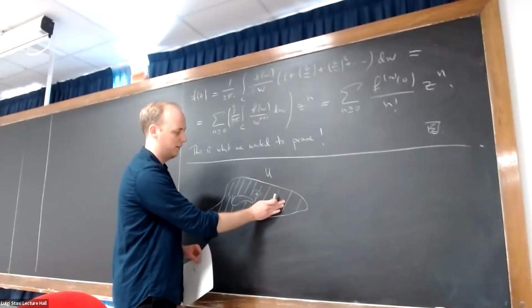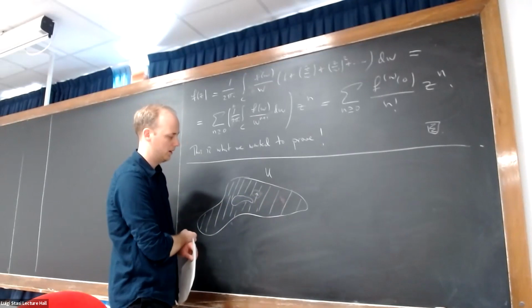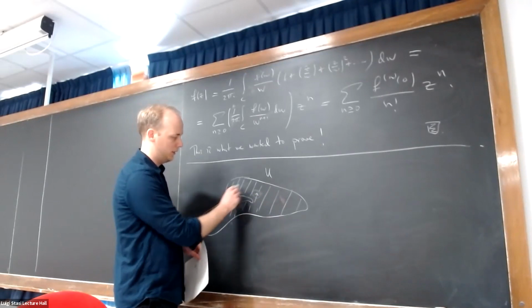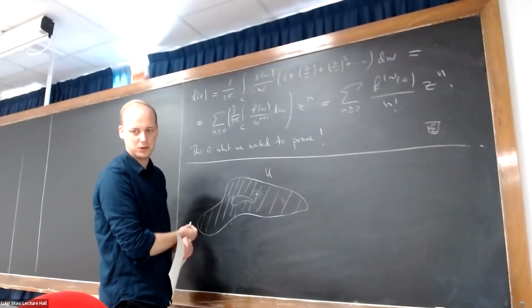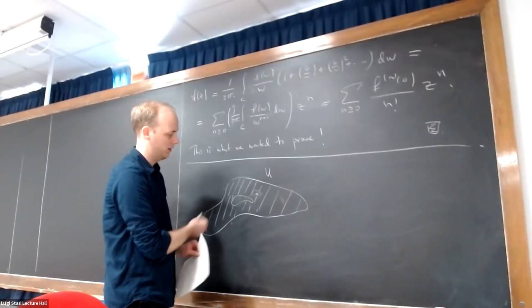So if it's holomorphic on this domain, but not here, and not outside, then what will be the radius of convergence of this power series expansion that we just proved? It's the distance from that point to where the U ends. Exactly. So to the nearest point where the function is no longer holomorphic, right?